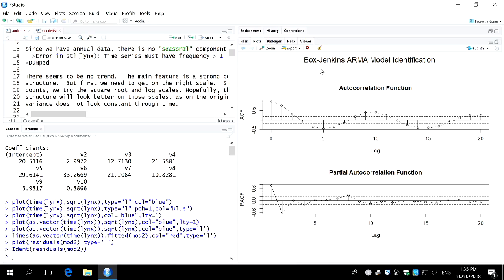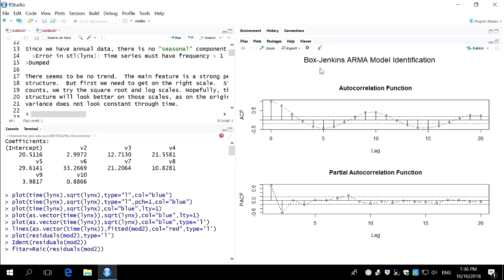So our choice at the moment looks like seasonal trend with period 10, followed by an AR2, and then hope that the residuals are stationary. Okay, so let's fit that AR2. So fit AR equals rake of residuals of mod 2. Okay, wait a respectful period, then fit AR dollars coef, comma 2.